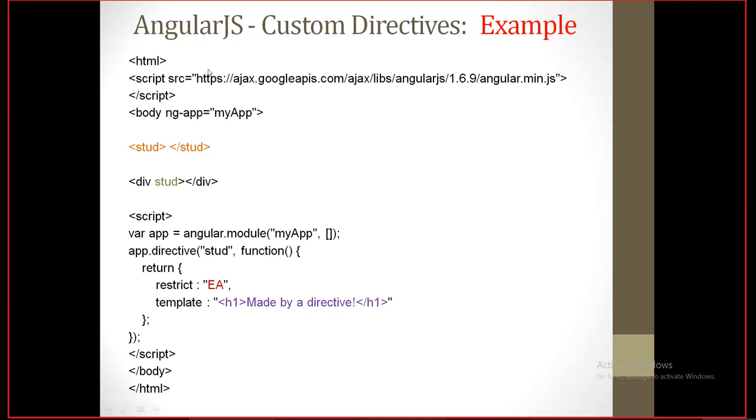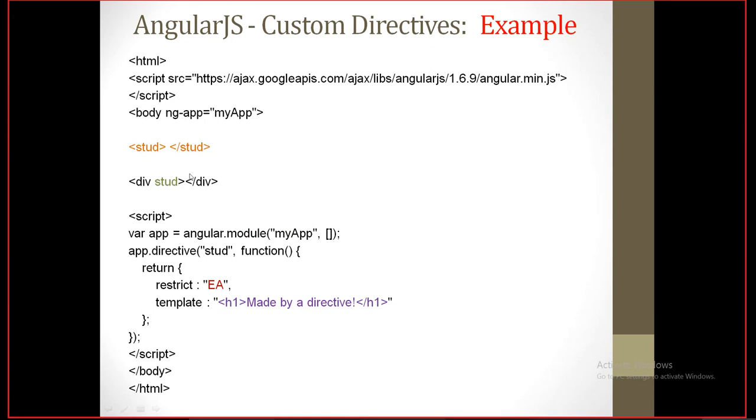We have created an Angular application by using ng-app. The name of the application is myApp, right? And here we have custom HTML tags like stud. Here stud is the tag name or the element name. Over here, stud is being used as an attribute.